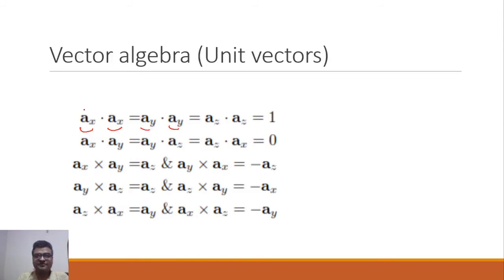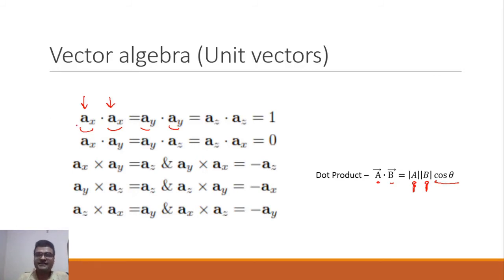If we want to multiply two same unit vectors, we know that the dot product has a cos term. If A and B are unit vectors, the magnitude of a unit vector is always 1. So this will be 1 and this will also be 1, so this will not have any effect. We'll have to focus on cos theta.